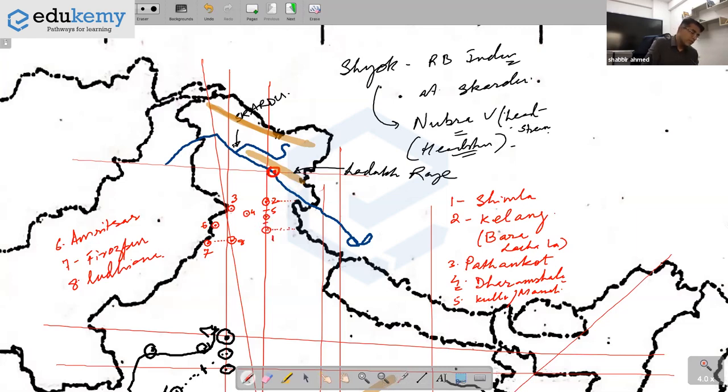Anybody knows what is this place here? If I name this as 9, what is 9? 9 is Mandi. Yes, 9 is Mandi. Anybody knows why I need Mandi? Mandi Bilaspur, not very far away. It is around here, approximately. Mandi Bilaspur is in this area. Anybody knows what is it?